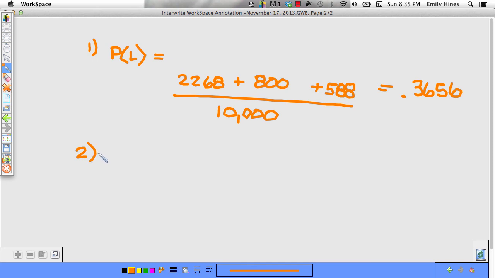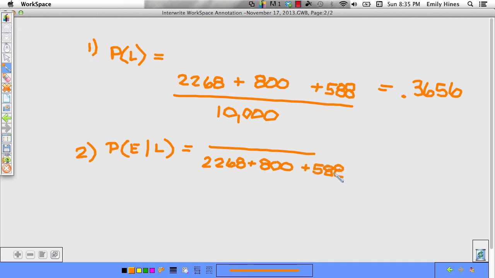Number 2 wants me to find the probability that they are an engineering major, or that is an EPS course, given that they had a grade lower than a B. Since I'm given that they had a grade lower than a B, my total would be the below B total, so that's the 2,268 plus the 800 plus the 588.